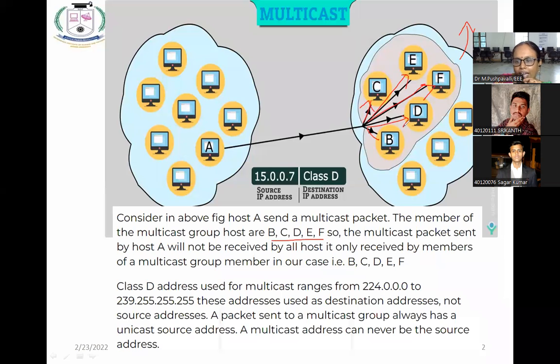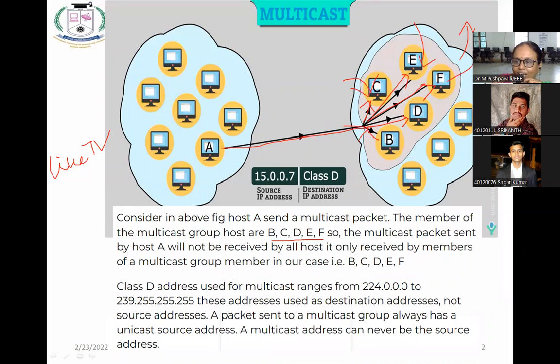That's why I told you it is like live TV. If we have subscribed, we are able to access it. It will not be sent to all, only to this particular IP address group.